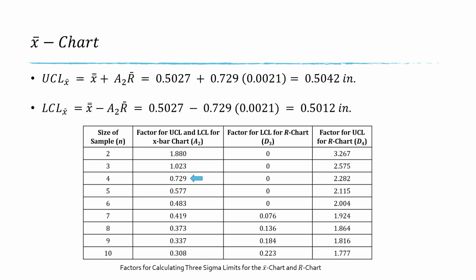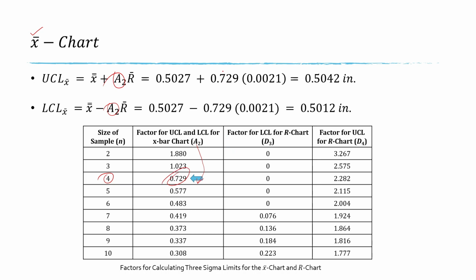Similarly, for X bar chart, we look at the values of A2 in this table. Since we have 4 observations, we look at the value in this column of A2 for 4 observations and the value is 0.729.